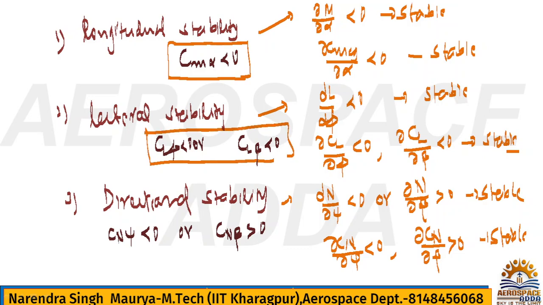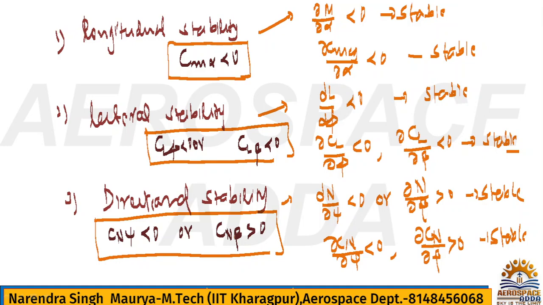Cl beta means dCl/dβ. Simple. Cn psi means ∂Cn/∂ψ. Cn beta means ∂Cn/∂β. The meaning is the same. So this short code also you should know.